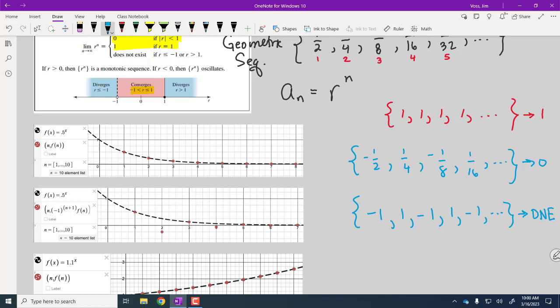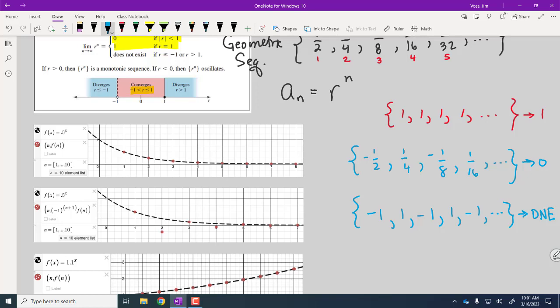We just figured out that a geometric sequence will converge if r is between -1 and 1, including the 1, excluding the -1. Otherwise, it diverges. So the interval for a geometric sequence is right in the middle, -1 to 1. And it will turn out that a geometric series has a very similar region of convergence, with one exception. Let's just talk about that one exception for a moment.